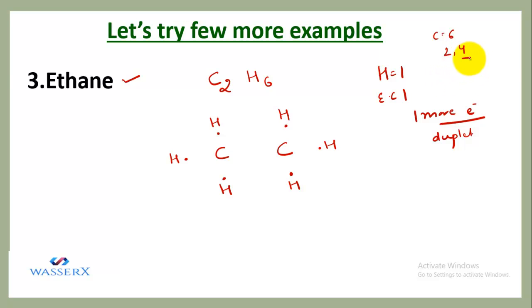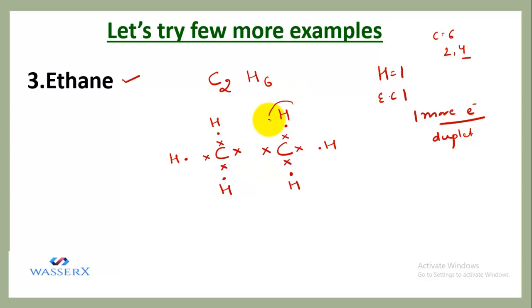So let's arrange these 4 electrons. So 1 it will contribute to this hydrogen, 1 here and 1 here, and 1 which is left is written in the middle because it has to contribute something to this carbon also. Similarly for this carbon we can write like this. So this is how we are going to show the electron distribution.